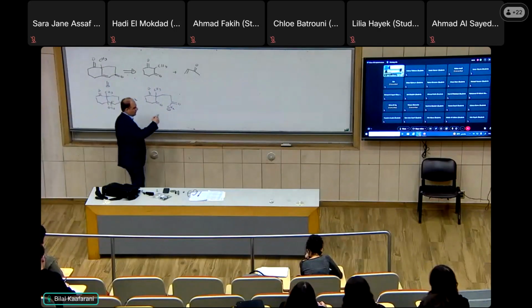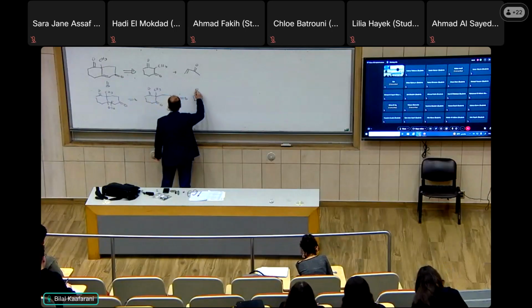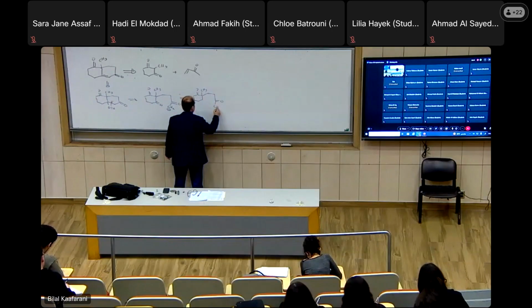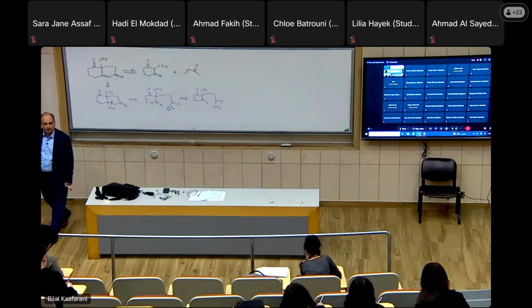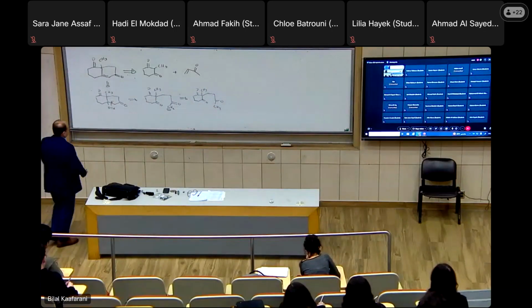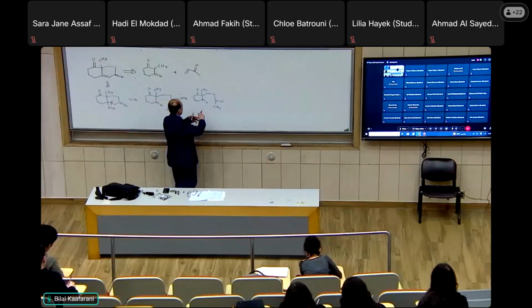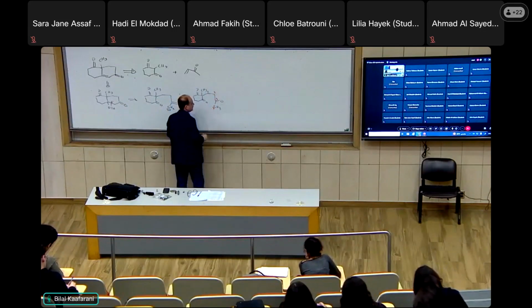So this enolate is coming from this one. Okay. Clear till now? This is the intramolecular aldol condensation. Now you can number your carbons, 1, 2, 3, 4.